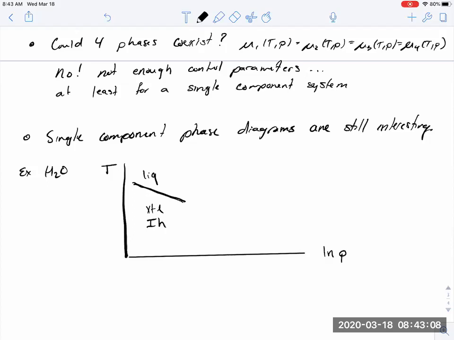And indeed, if I take ice 1H and I increase the pressure enough, I will see a transition to another crystalline state known as ice 3, which is much more close packed.